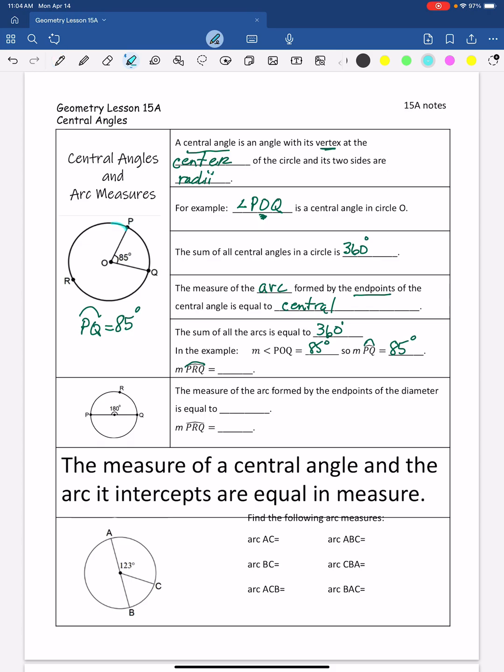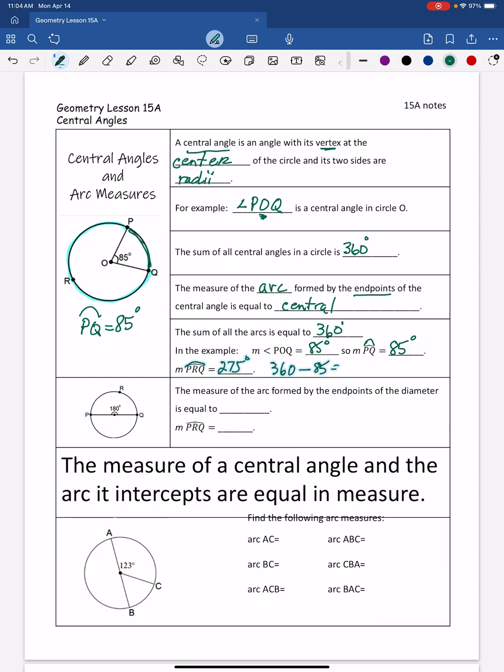PRQ, that arc right there, is going to be the whole thing, 360, minus the one I don't want, this piece right here between P and Q. I'm going to subtract that, and that will tell me how many degrees arc PRQ is going to be, and that's going to be 275.